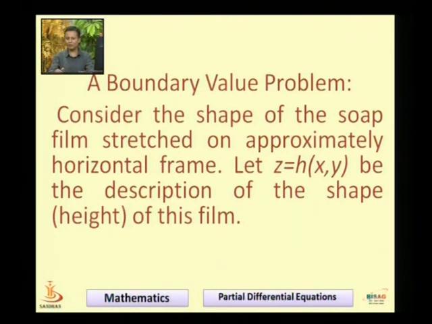We are not going to solve these, but just an example of a boundary value problem that is defined by Laplace's equation. So consider the shape of a soap film stretched on an approximately horizontal frame. Let z equal a function h of x and y be the description of the shape of this film, that will describe the height.